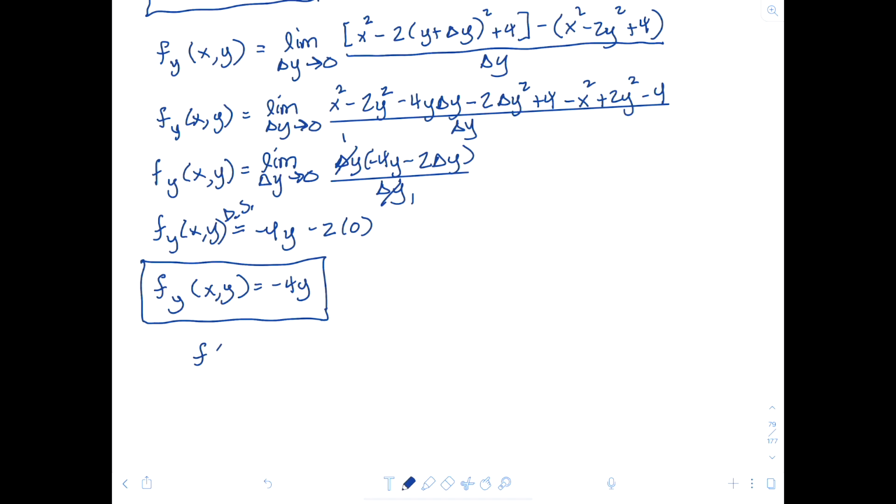So f of x and y, remember, was x squared minus 2y squared plus 4.